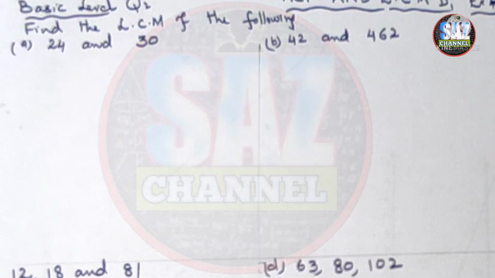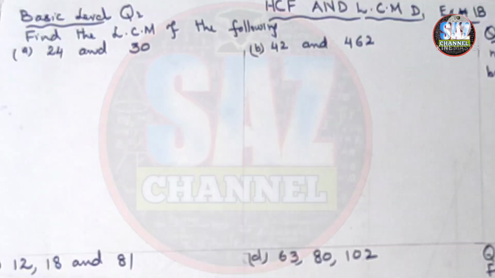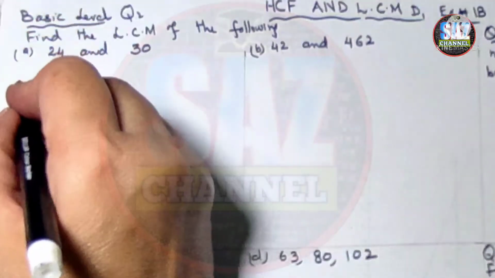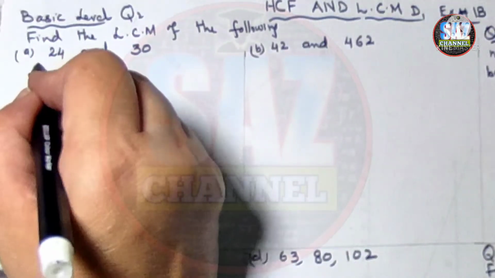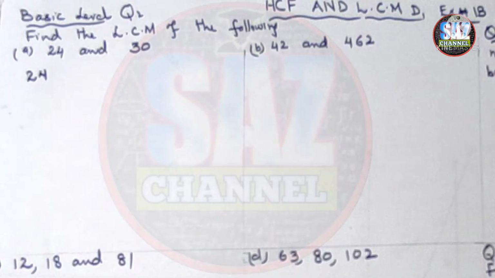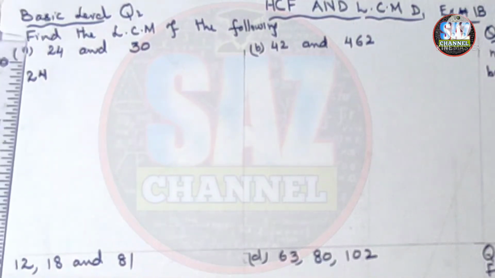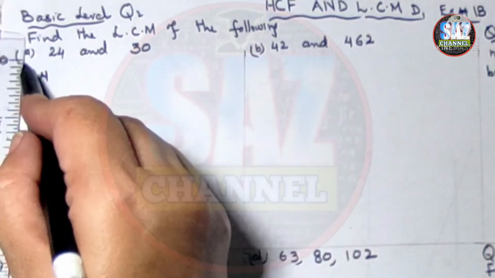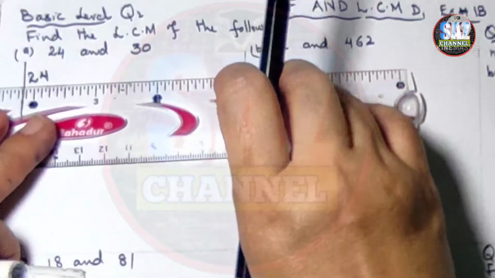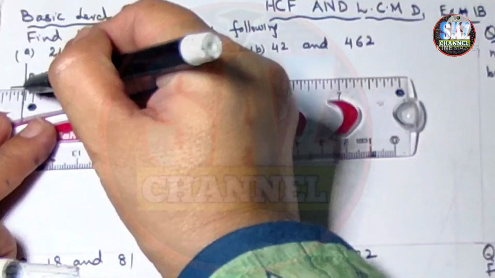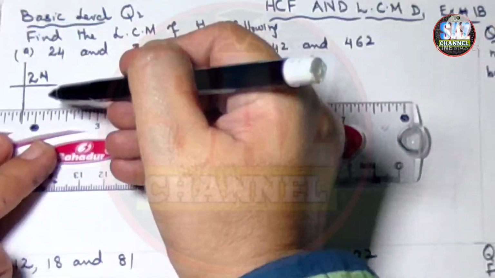So let's move to the first question, and let's go for the prime factorization of the first number, which is 24. And recall the tests of divisibility. They will also be helpful in deciding which number is suitable for the given situation. Like we have the number 24.